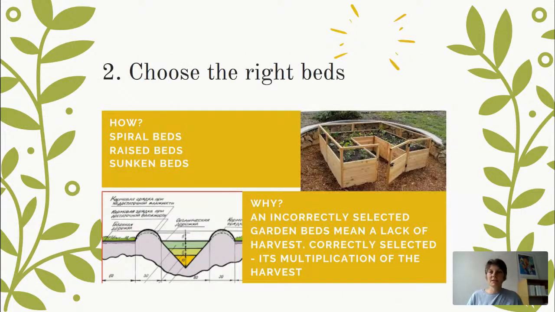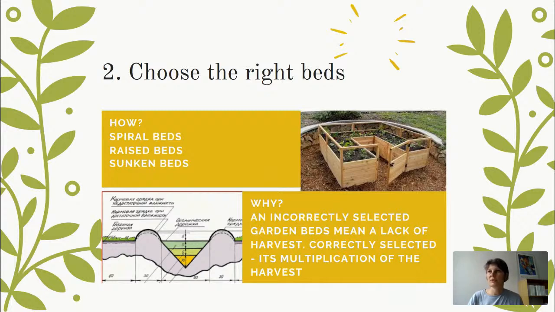And the next is to choose the right beds. There are lots of varieties of beds: raised beds, spiral beds, sunken beds, and so on. But you need to know your site and your climate very well, and then you can understand which kind of bed will be good for you.